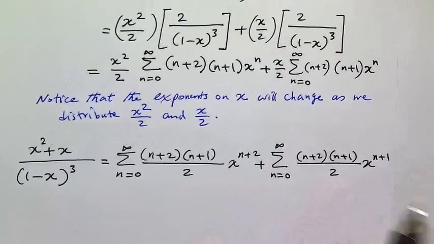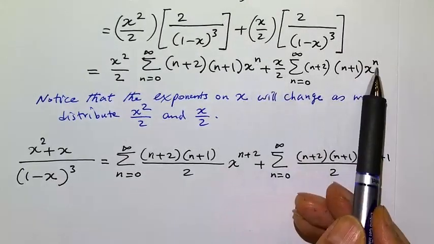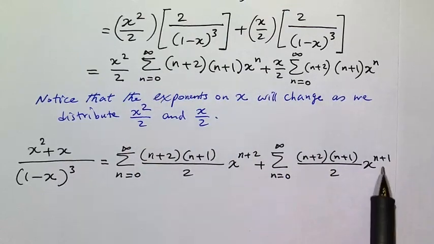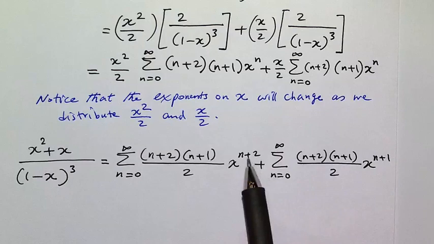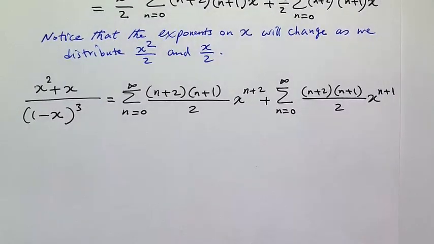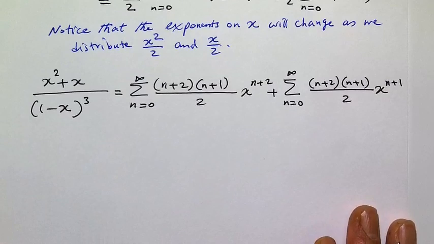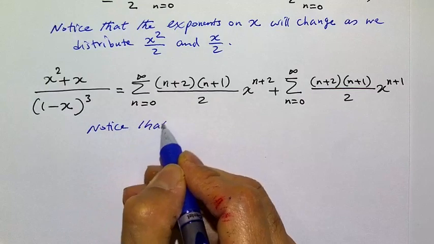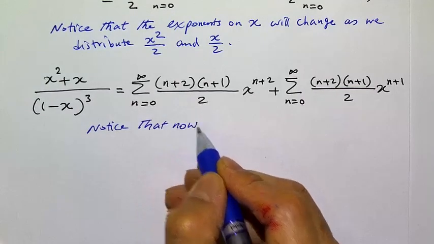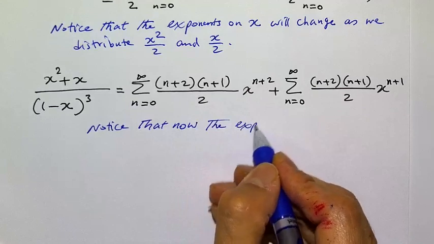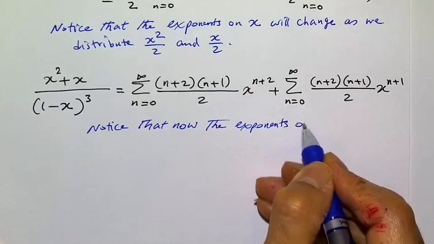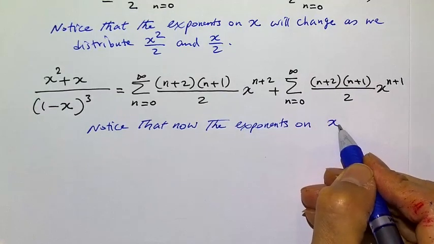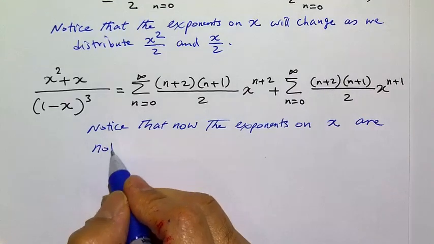Notice that before this, the x's had the same power, but we had to distribute that. So now they have different powers, right? So let me add some comment here. Exponents on x are not equal.